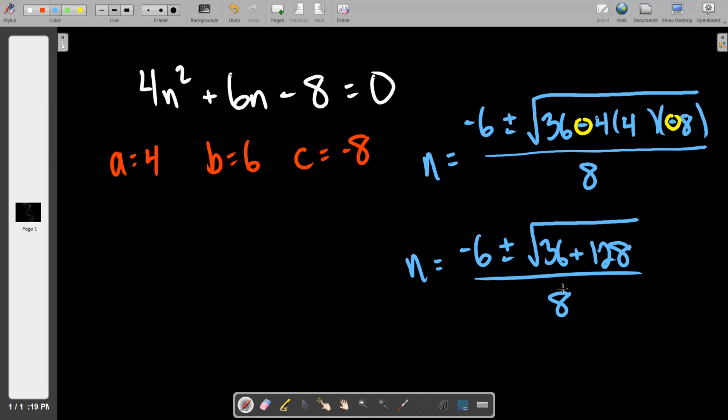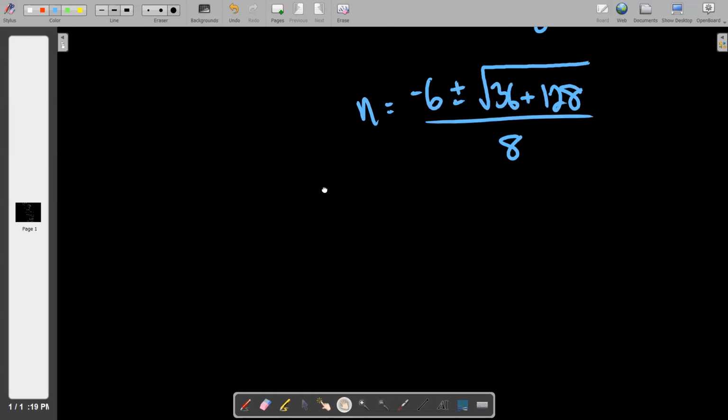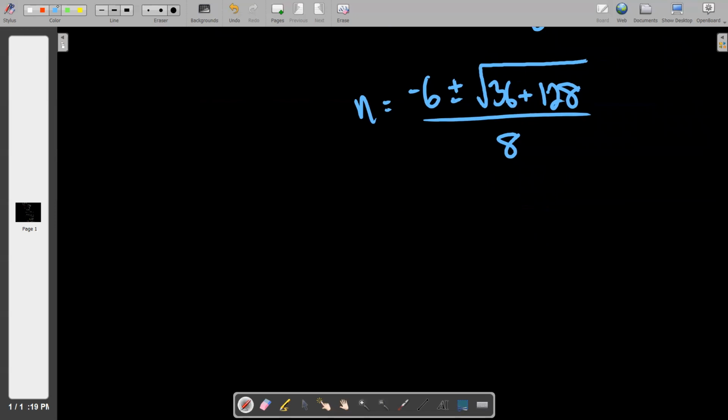Our first two examples, we got to this next step and we just boxed it up. This one, we're not going to be done. These are pretty annoying, you'll see, but not that bad. So I have one step left before I make my judgment on done or not done. In this case, I have negative 6 plus or minus the square root of 164.